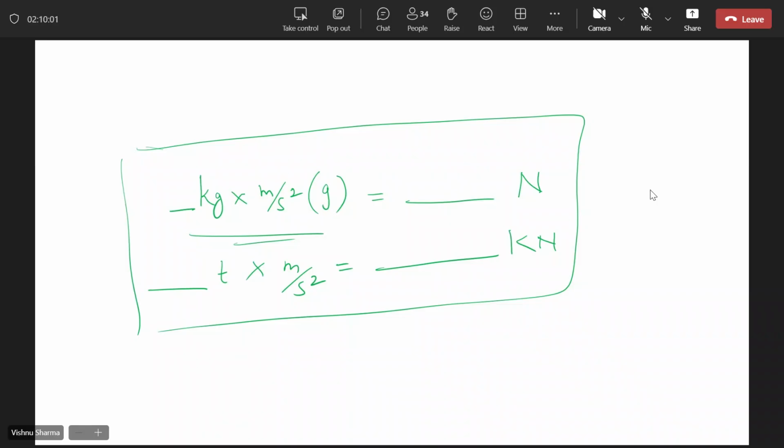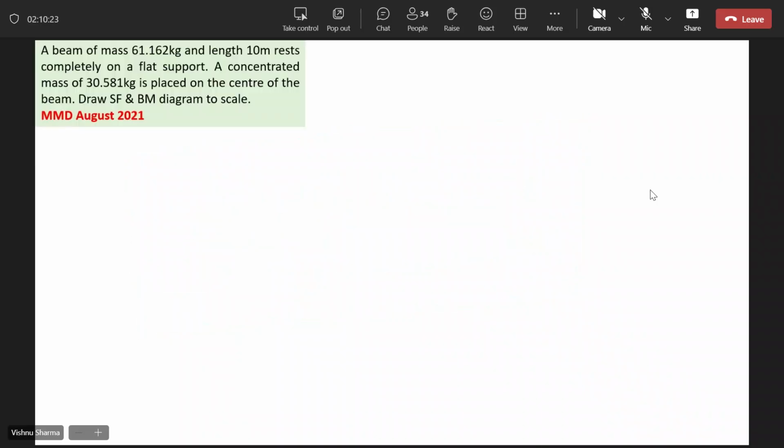Am I clear, class? Kg into acceleration due to gravity will give you the result in newtons, and tons into acceleration due to gravity will give you the result in kilonewton. Clear, class? Yes, sir. Okay. So based on this, can you please now convert them and make the beam diagram the way you think appropriate? It's an MMD question.